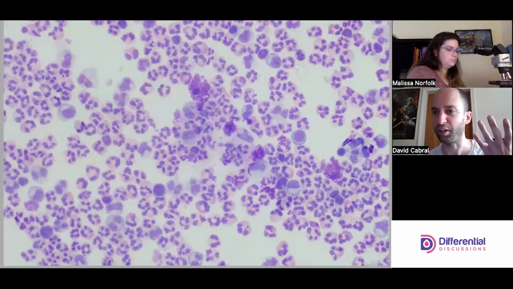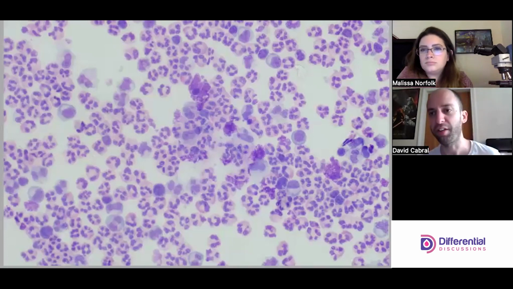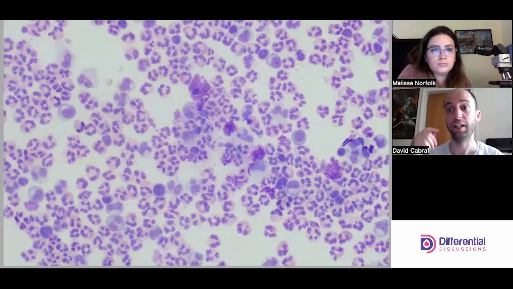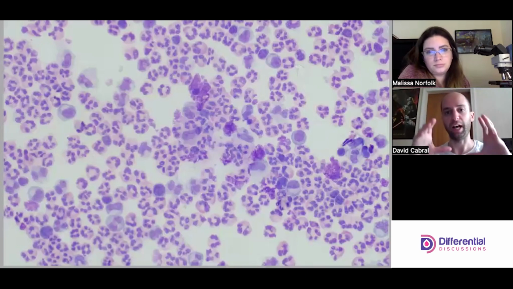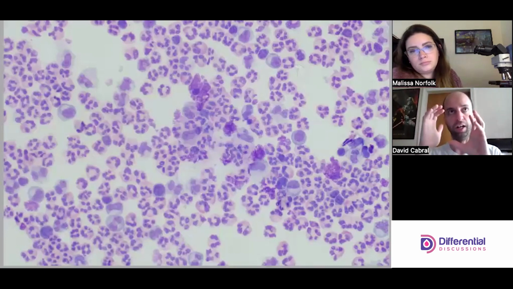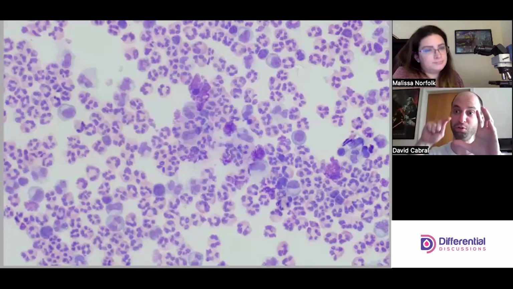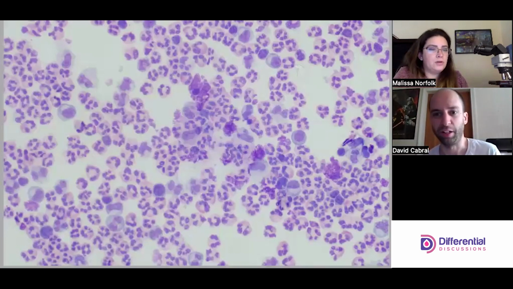Counting a retic count is similar to doing a concentrated body fluid like this, because you really have to be careful to keep track, as you're counting cells, that you don't count them again, or that you're not just skipping over cells. Sometimes I will focus on the clusters as an object and move through the object somewhat systematically, because it's not hard to double count or undercount, depending on what's going on.